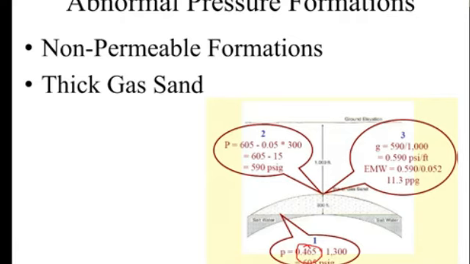The pressure at the gas-water contact can be easily calculated by multiplying the TVD, which is 1,300 feet, by the normal pressure gradient, 0.465. So the pressure at the gas-water contact is 605 psig.